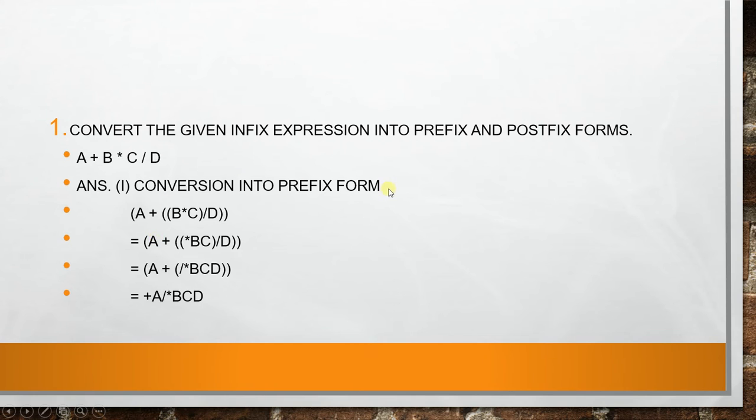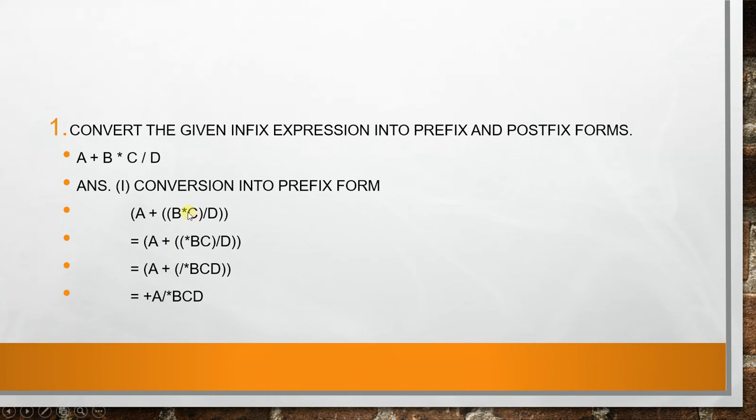The conversion is according to the brackets made, following BODMAS: first division, then multiplication, then addition. So one by one it is done.